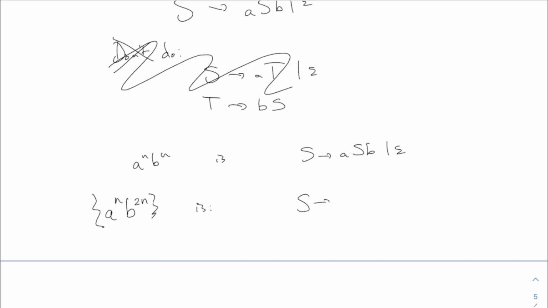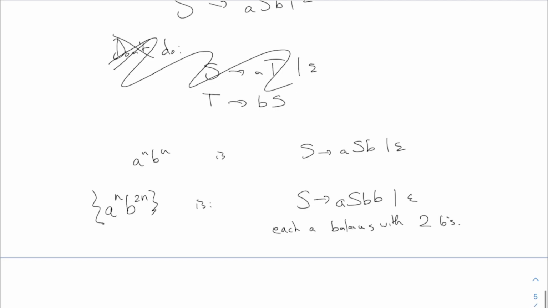S goes to A, S, B, B. Mm-hmm, I like that. Or epsilon, all right? Every A is balanced with 2 B's. Each A balances with 2 B's. Yeah, great. Okay, that's not so hard, right?